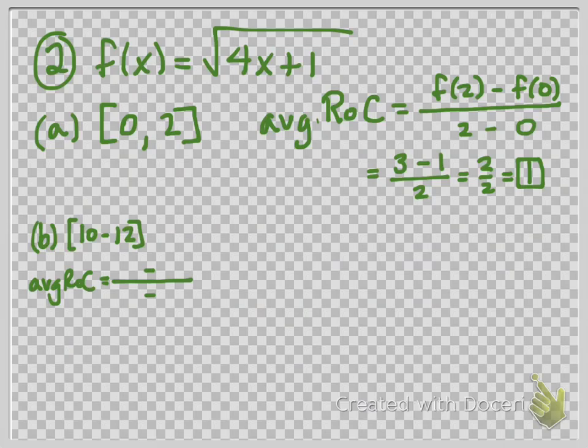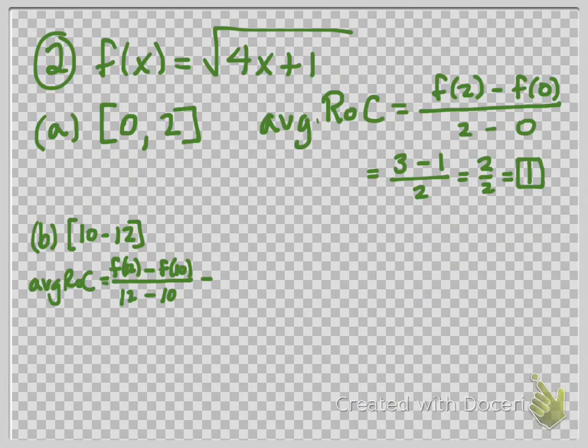If you're subtracting anything, like plugging into a polynomial, you need parentheses after that minus, because it's distributive to every term. But this one only has one term. So what am I going to write first on the top? f of 12. f of 12 minus f of 10 over 12 minus 10.